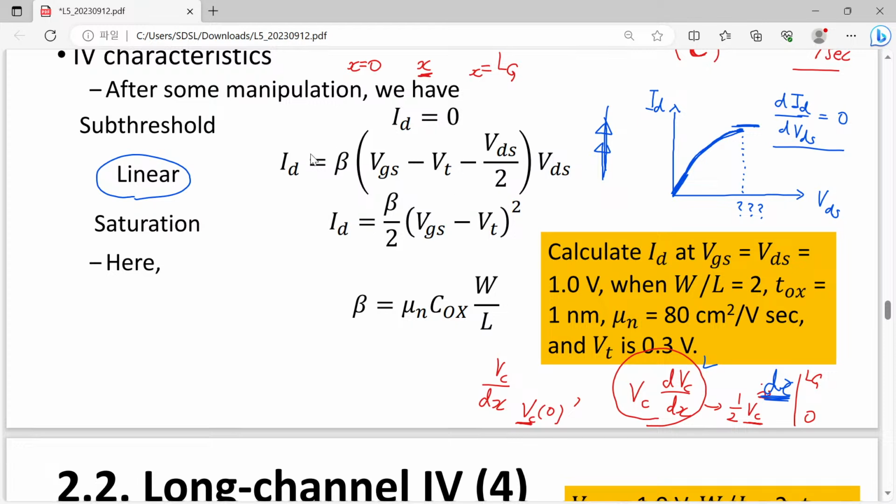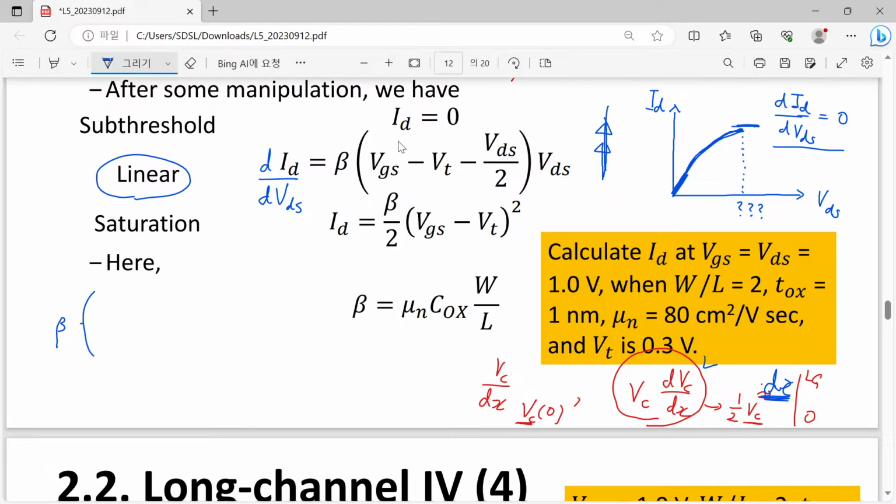Just taking the first order derivative of our ID with respect to VDS, then we will have beta times VDS plus beta times VGS minus VT minus VDS over 2 given here.